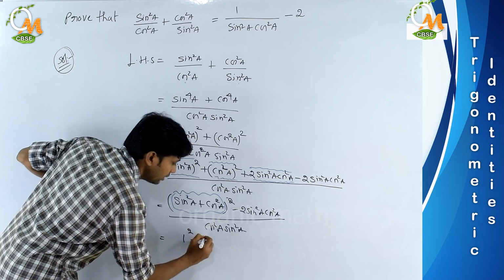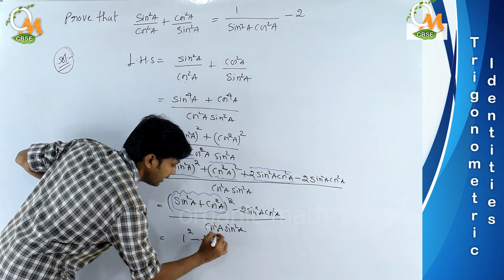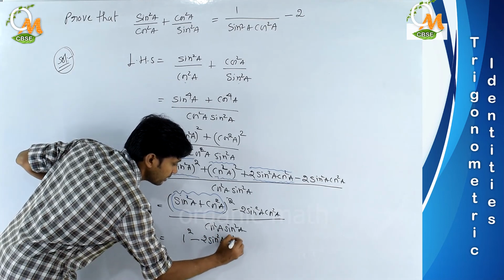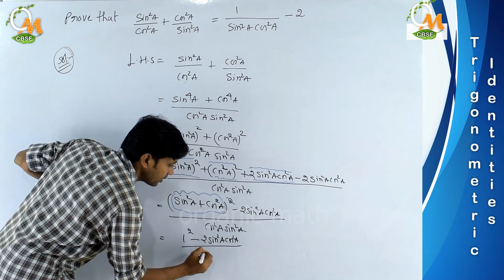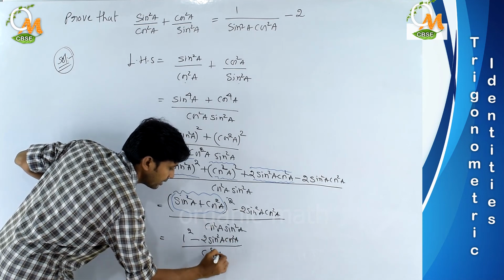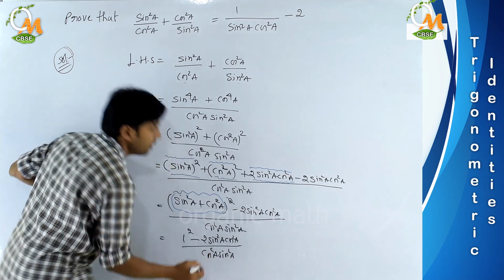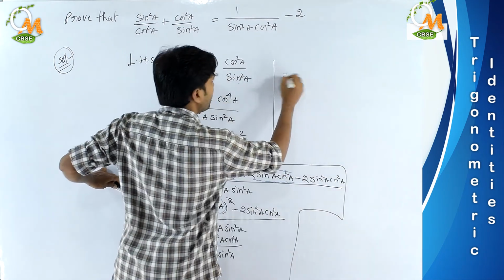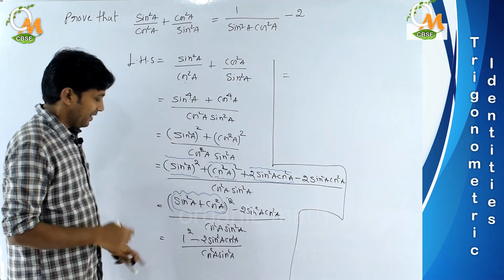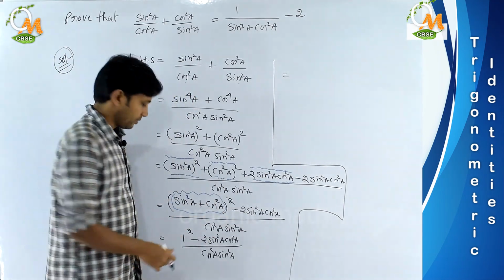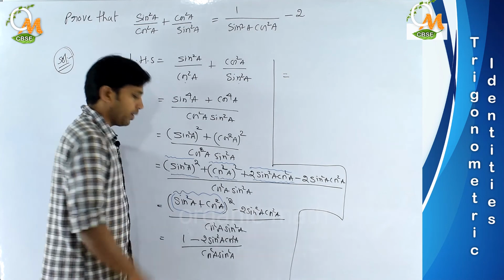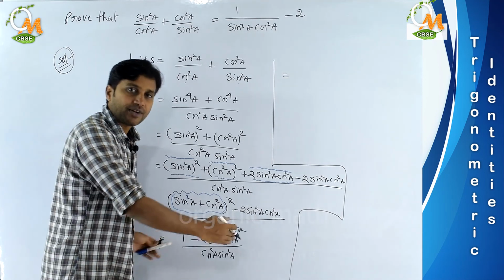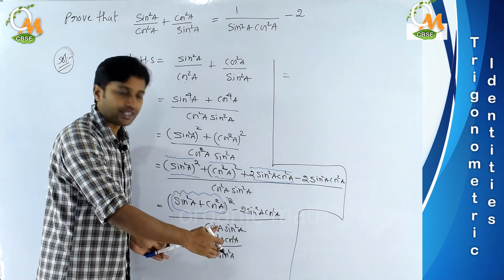So here we can write 1 square minus 2 sine square a cos square a upon cos square a sine square a. Now we have almost solved it. Now 1 square is 1 itself, so we don't need to write 1 square here. Now let me separate the fractions for further simplification.